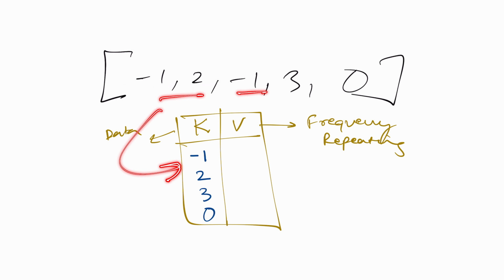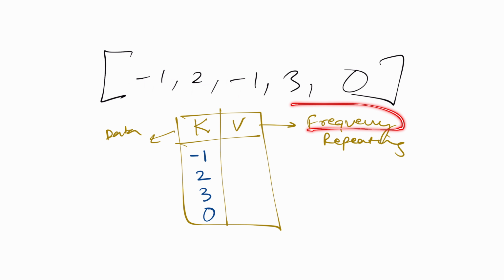Only one key is enough. The value is my frequency. So what is the frequency of -1? -1 is repeating 2 times, so I will store the value as 2. Now what is the frequency of 2? Yes, it is only one time, right?